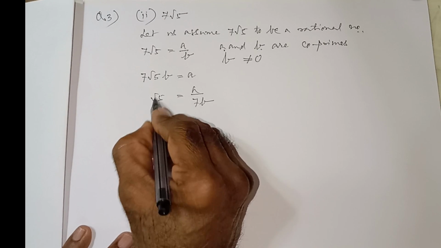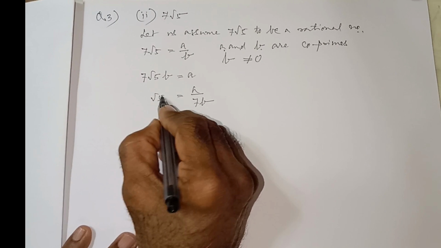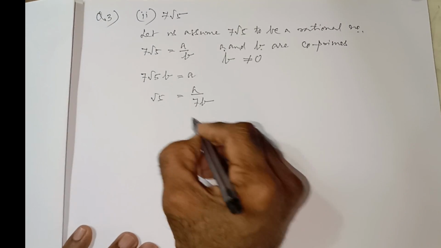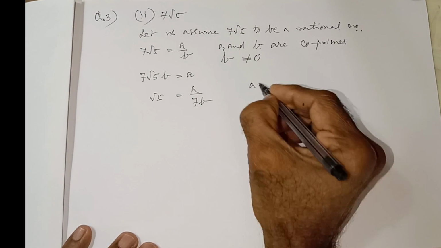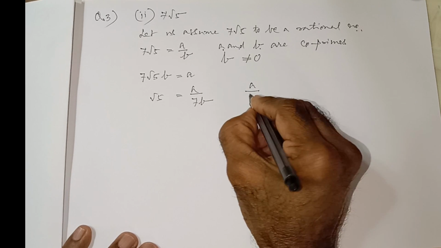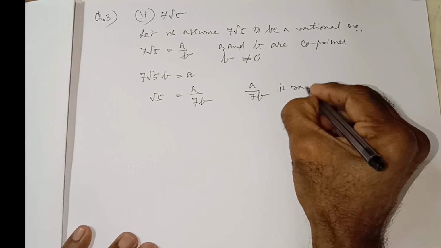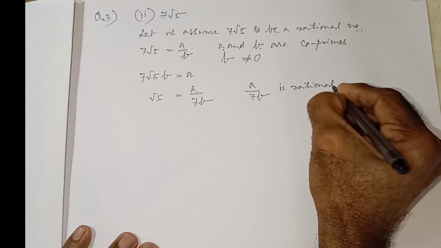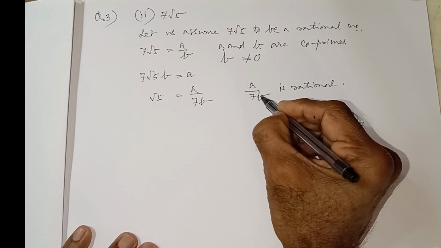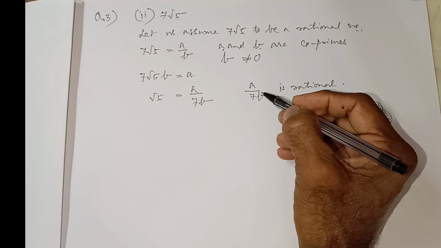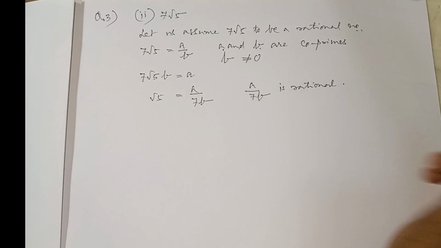Ultimately, the root of this number remains on the LHS, and the balance should come to the RHS. The whole RHS, that is a by 7b, is a rational number. It is rational because a and b are integers and 7 is an integer, so the whole thing is rational.